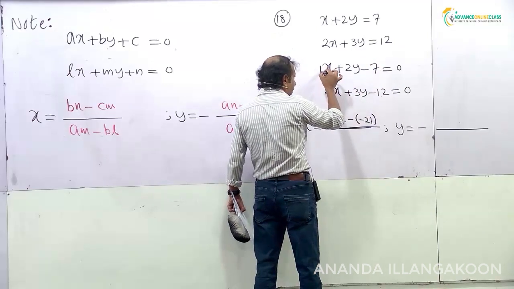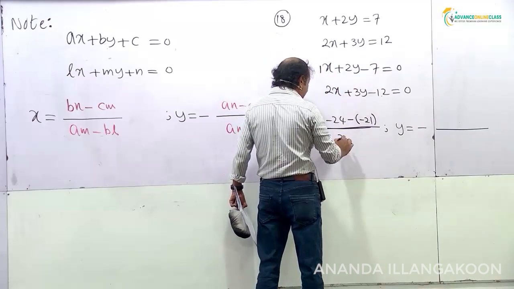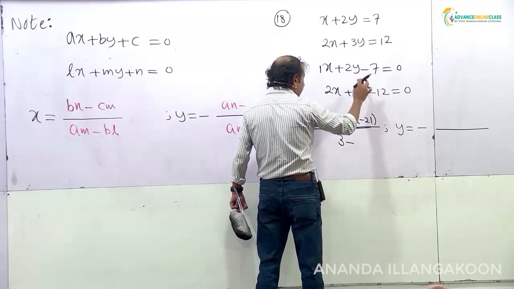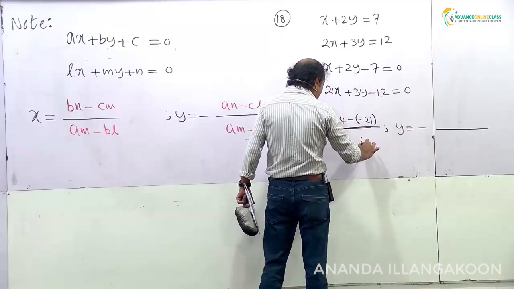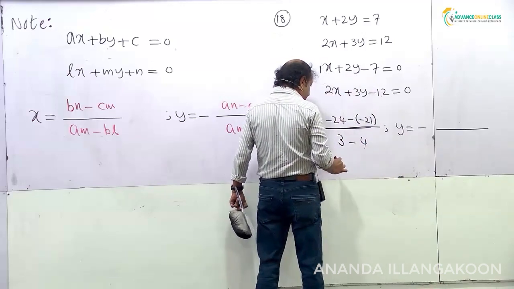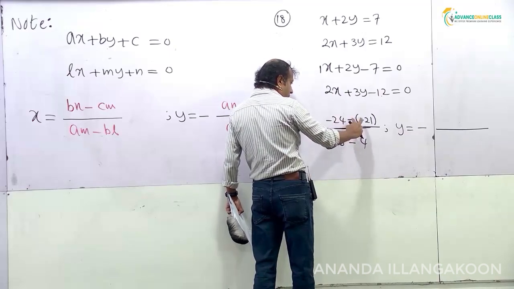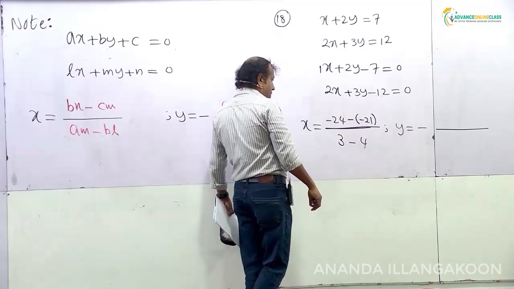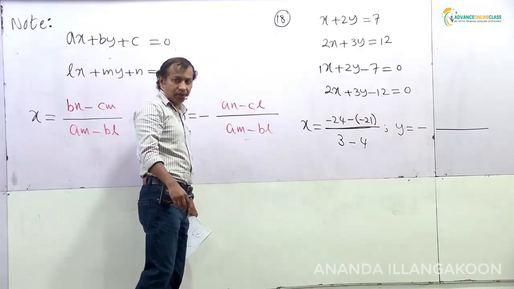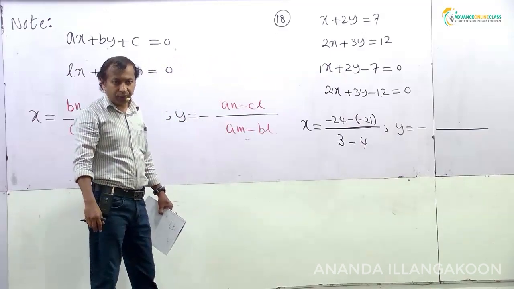Here now we have 1 into 3, it's 3. Minus 2 into 2, it's 4. That's fine. Now here what do you get? Minus 24 plus 21. Minus 24 plus 21 is minus 3.